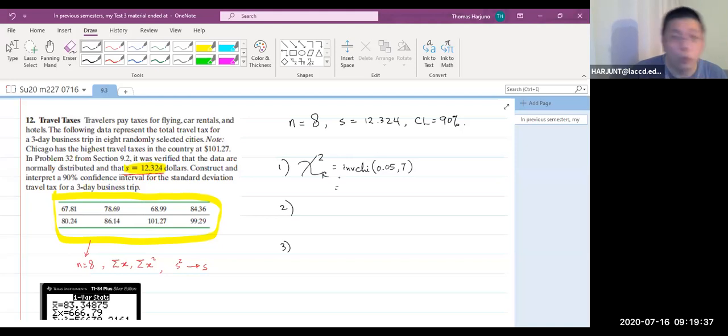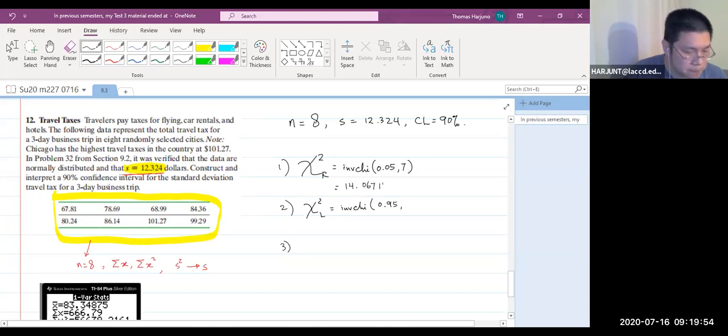While waiting, let me write chi-squared left will be inverse chi, 0.95. That's the area to the right of the critical value we're looking for. And degree of freedom is 7.